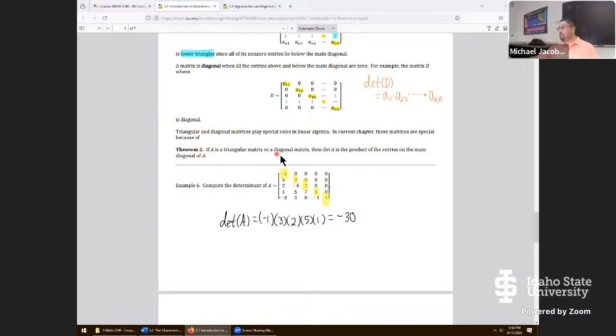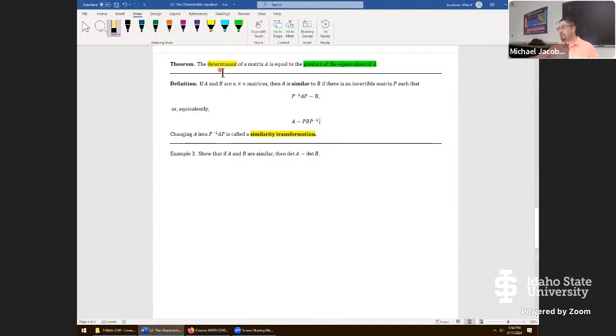If A is a triangular matrix or diagonal, then the determinant of A is the product of the entries on the main diagonal. So that's the determinant right there. But every one of those highlighted entries, those are also eigenvalues. So clearly, multiply the eigenvalues together, and you get the right determinant. So that's how those ideas connect back to this one. The determinant of the matrix is always the product of those eigenvalues. Well, any questions, folks, with that idea?